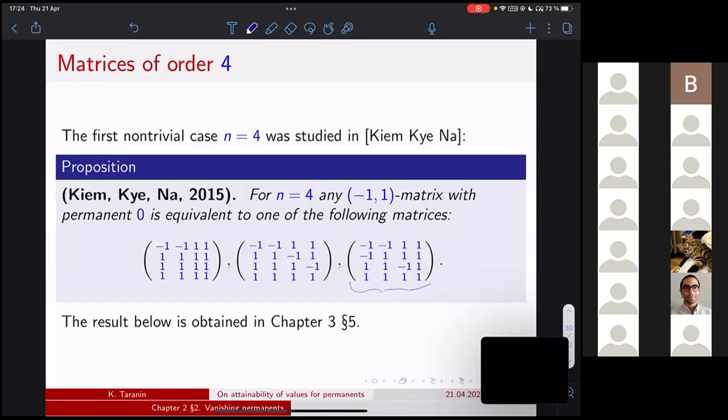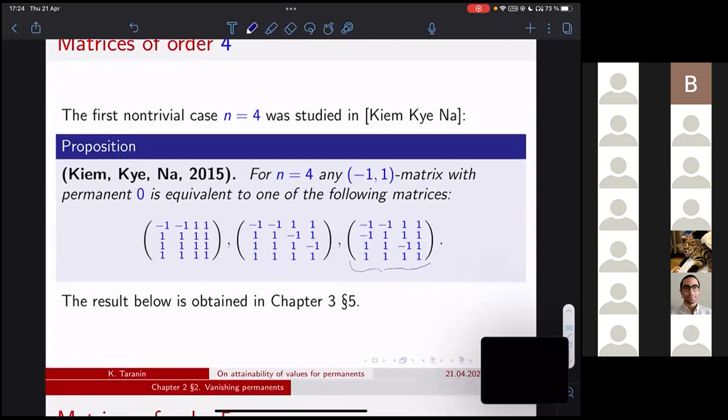And yet my computer was classifying them for 3 days. So it's a lot. But the results concerning n equal to 6 are not in the dissertation.